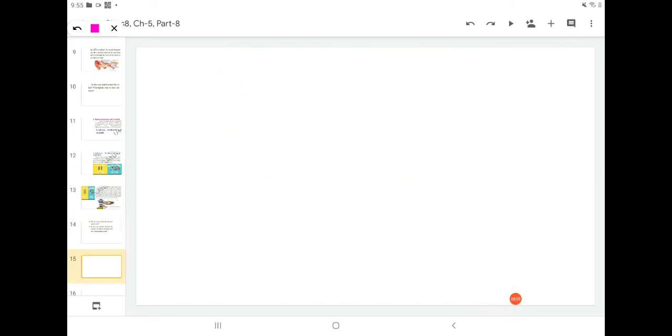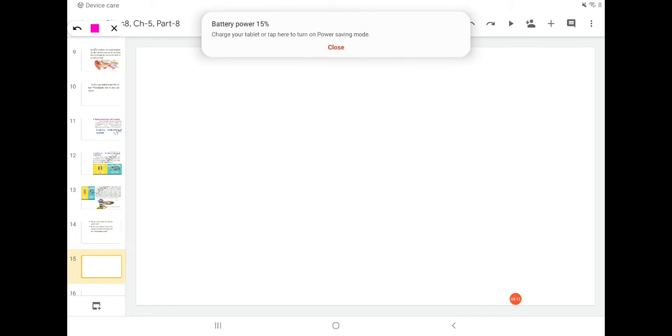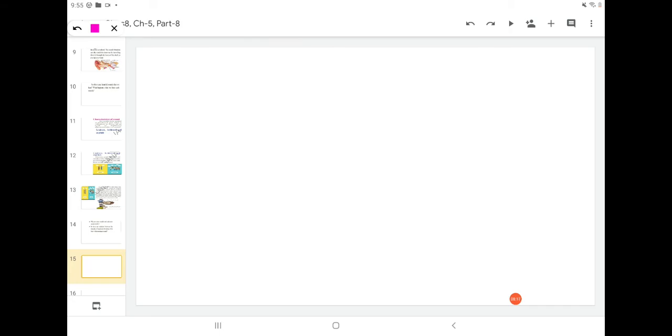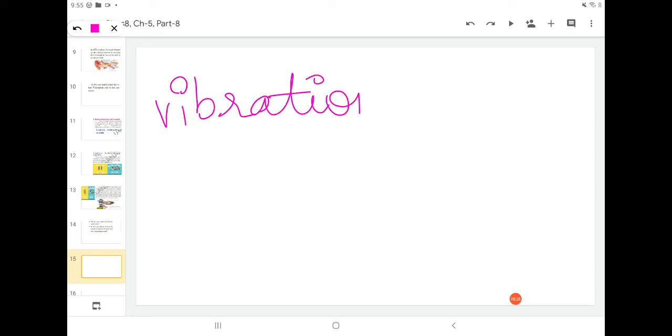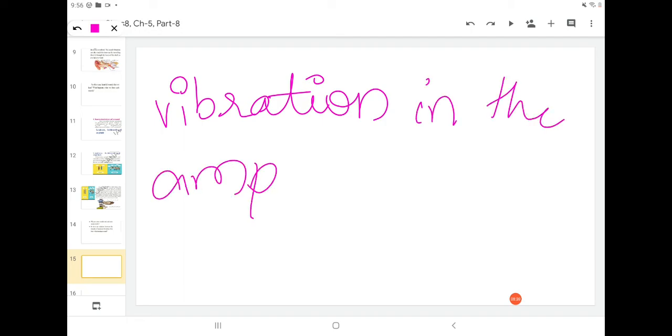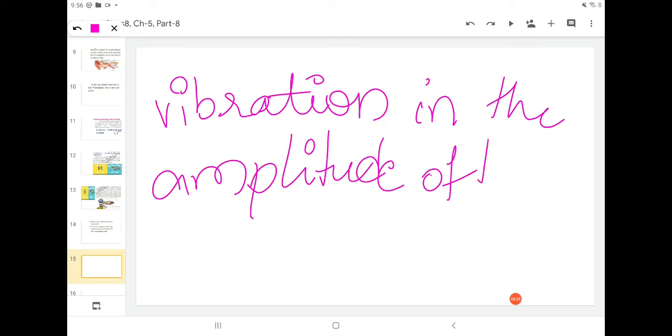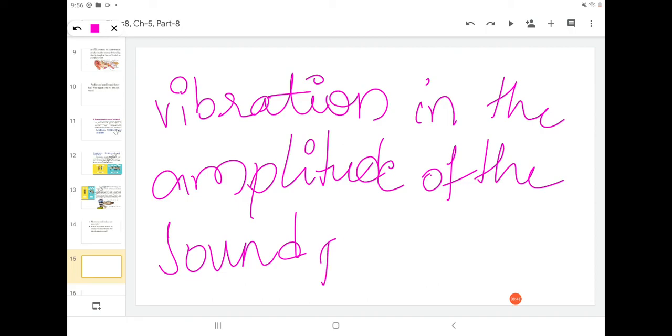Yes, here the vibration in the amplitude of the sound produces loudness and feebleness.